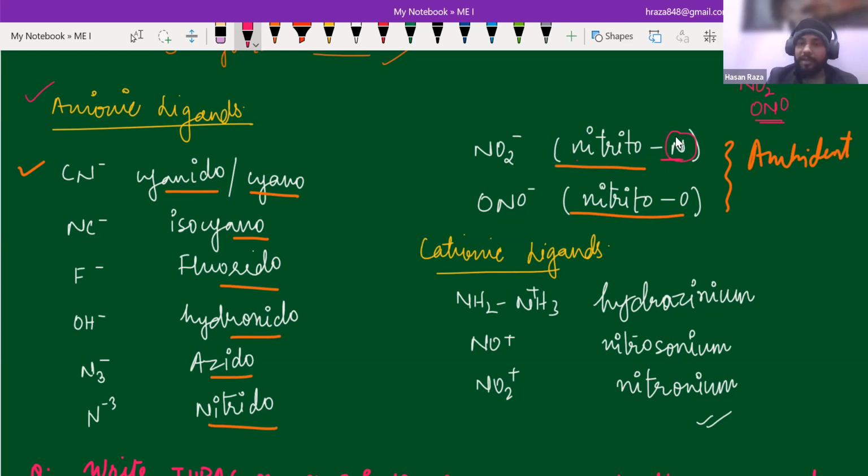If the ligand looks like this, you need to write nitrito-O, since it has a negative charge and O is donating from the O side: ONO minus. So please make a list of this, and let me know when you are finished.